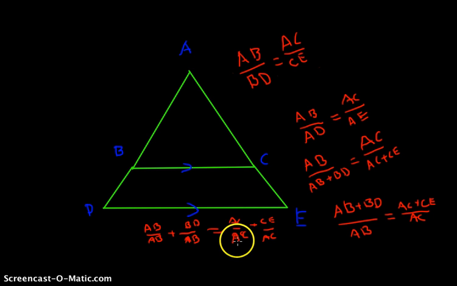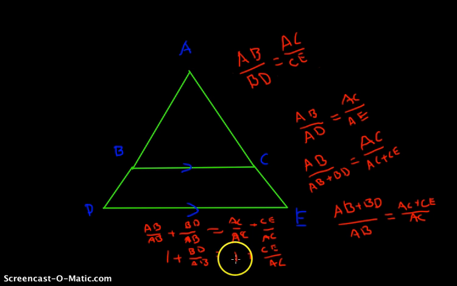Now, because AC over AC and AB over AB are just one, it's going to be 1 plus BD over AB is equal to 1 plus CE over AC.